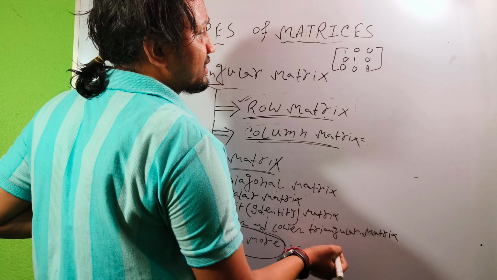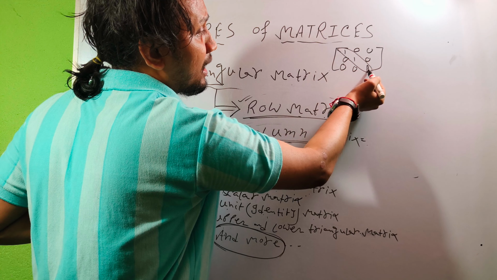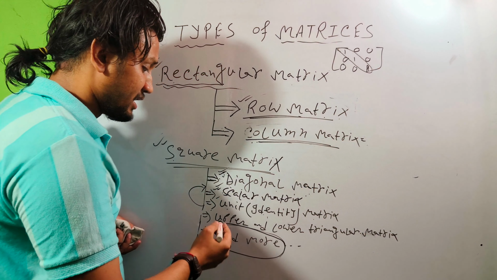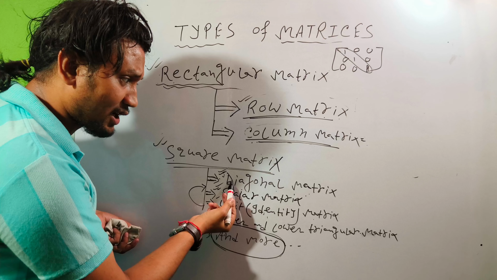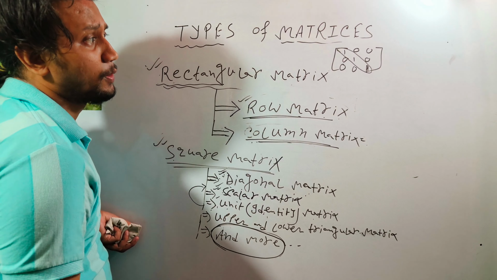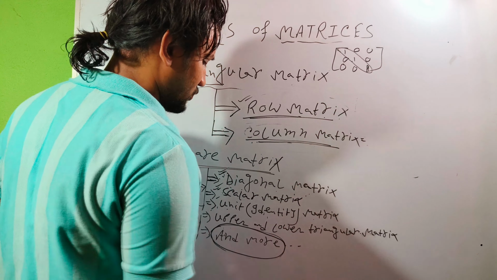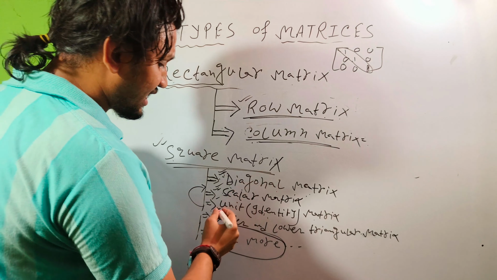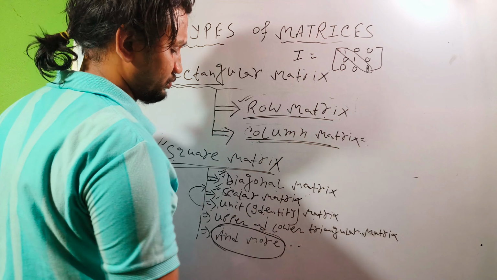It is a square matrix, and for this matrix we can see here that the principal diagonal elements all are 1 or unit. A unit matrix or identity matrix is a special type of diagonal matrix, or some can say special type of scalar matrix for which all the principal diagonal elements are 1 and others are 0. Okay. Identity matrix or unit matrix is generally denoted by capital letter I.